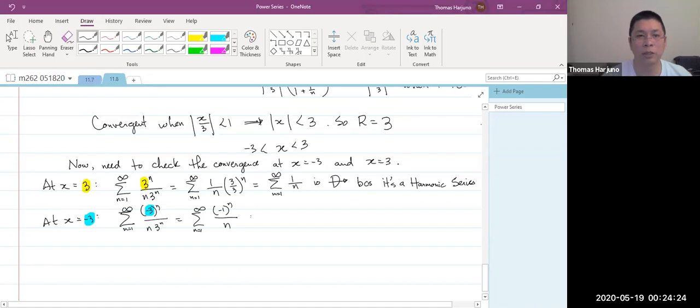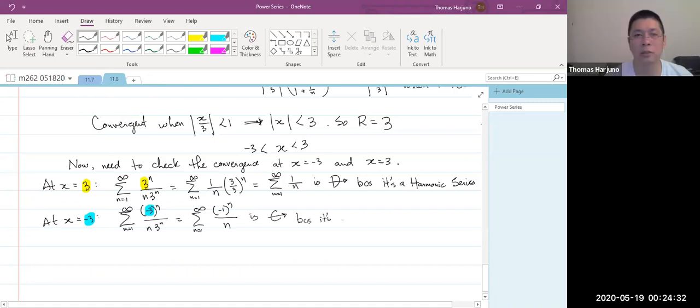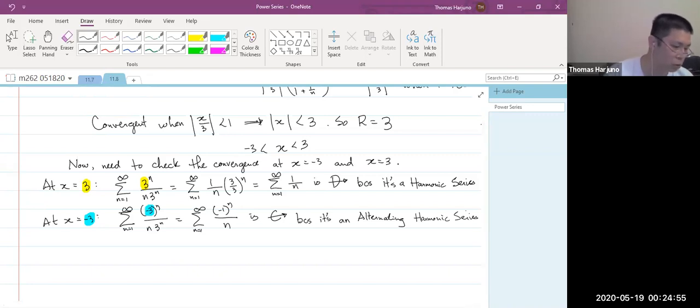Which is convergent because it's an alternating harmonic series. Yeah, they actually appear a lot, such that we give them a special name. And another reason is because we use that also a lot here.